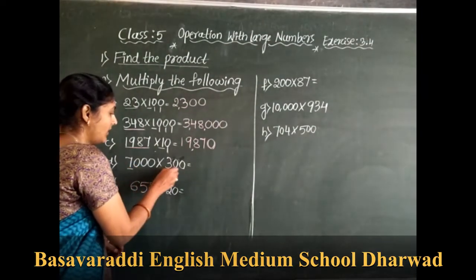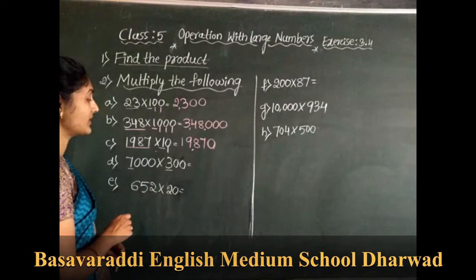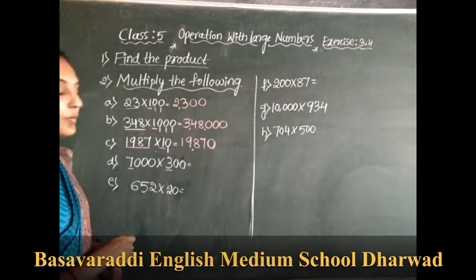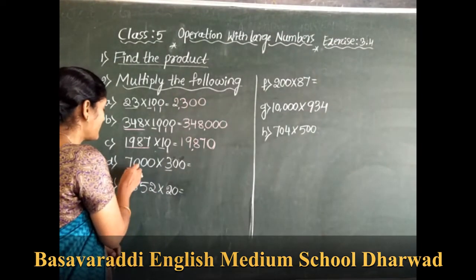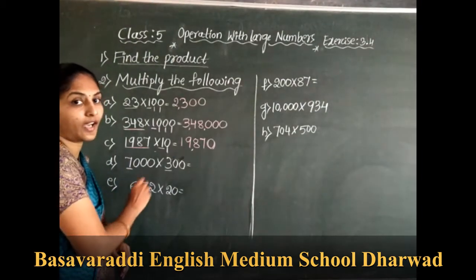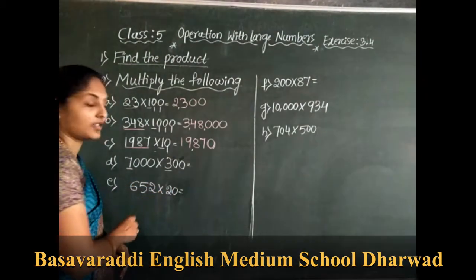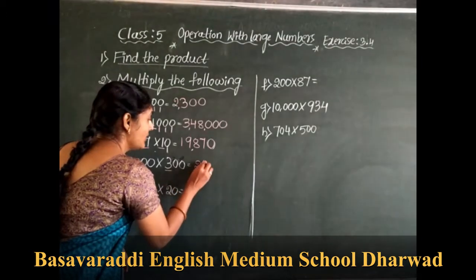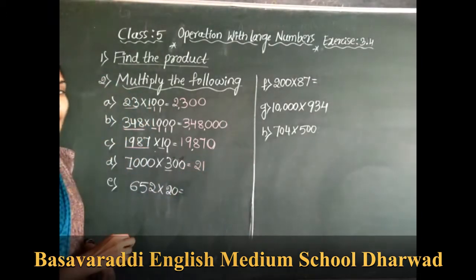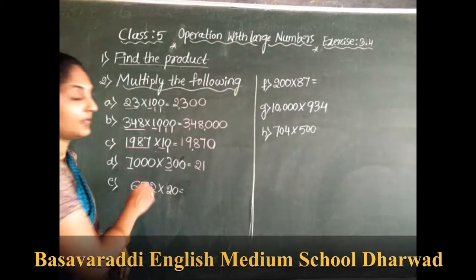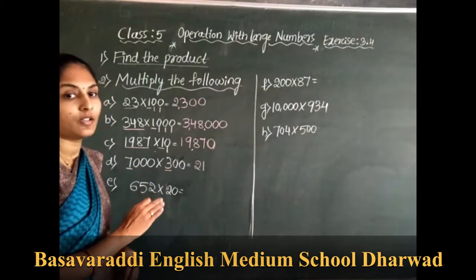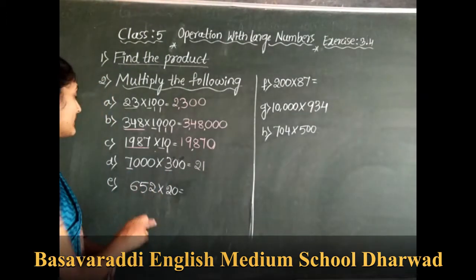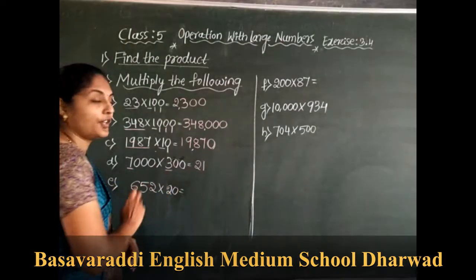There are only 2 digits in the multiplication problem. What are the non-zero parts there? The 7 and 3. 7 3s are 21. We know that one. First we wrote the 21. Why? Because we did the multiplication of the non-zero part first. 7 into 3 is 21.